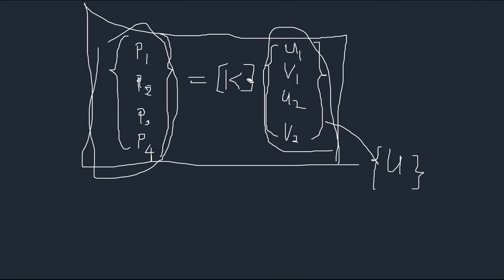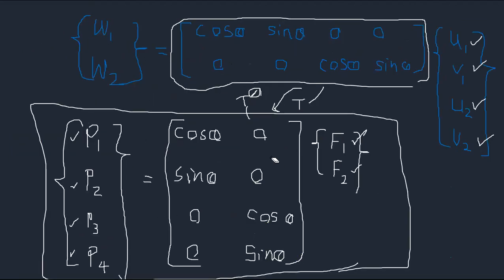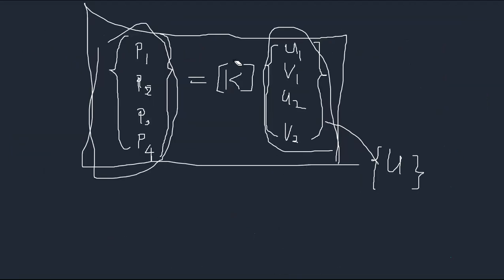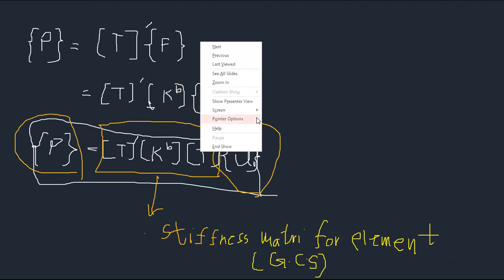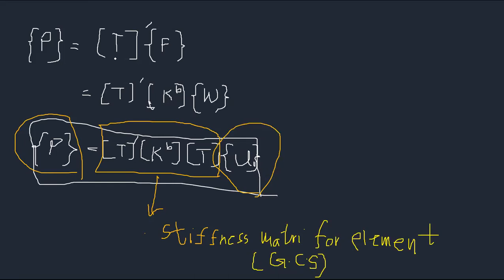So you need to define this K, what is this K matrix, right? So P is some transformation matrix into F, and then that F matrix can be written as KB into W.